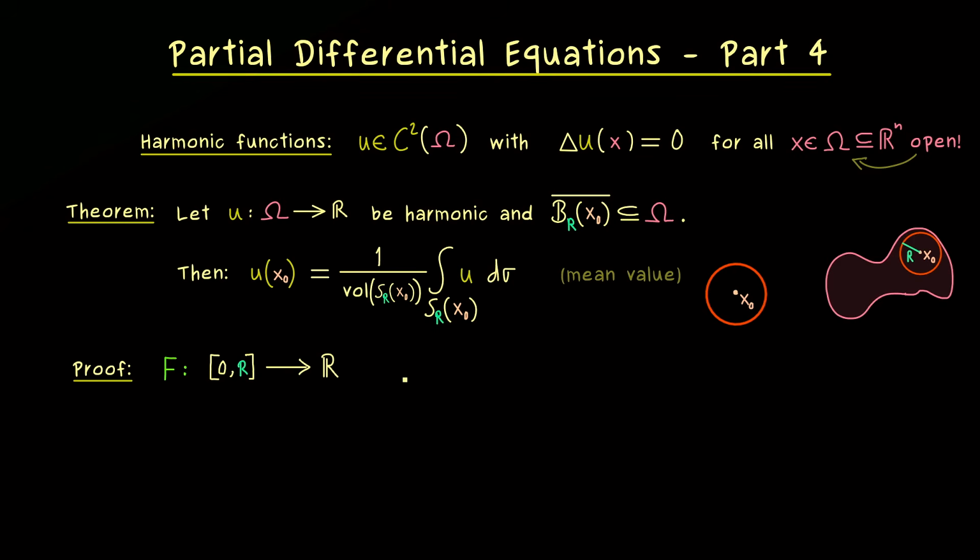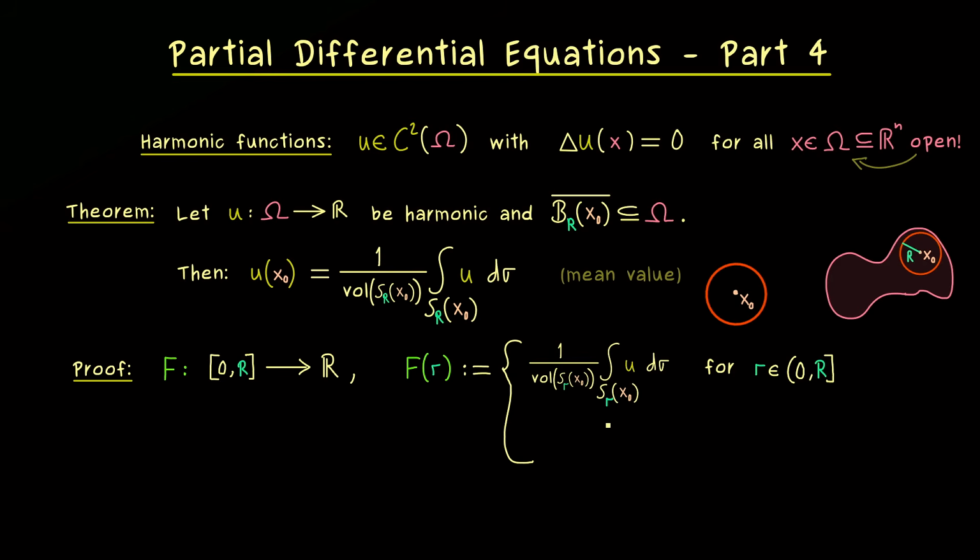Of course, if capital R works, then every smaller ball also lies completely in our domain omega. This means F of any radius smaller than R is well defined. We can just use the same integral formula as above. The only difference is now that we use a lowercase r. However, we can only do that for a radius that is smaller than capital R, but it cannot be 0.